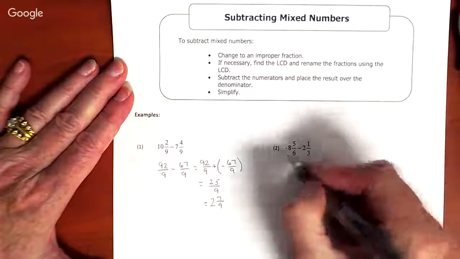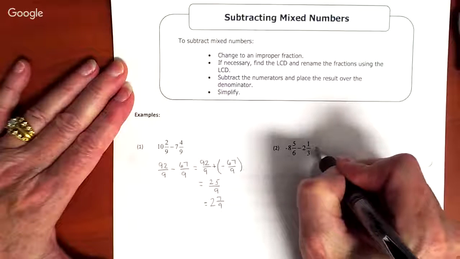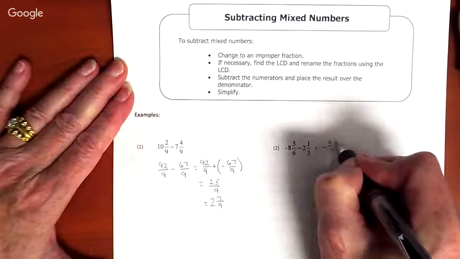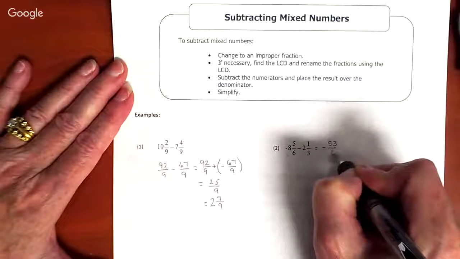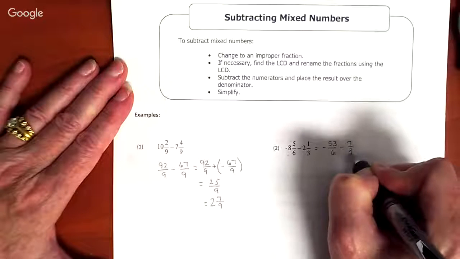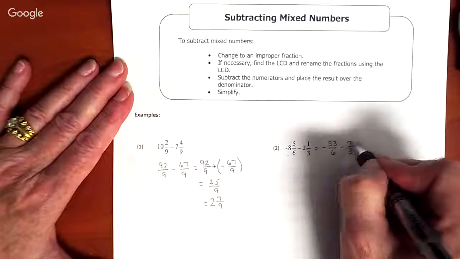For this one, again, we'll change it. We have negative 53 over 6 minus 7 over 3. Change this.